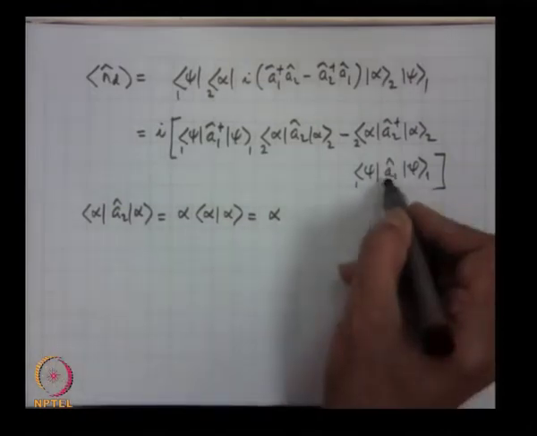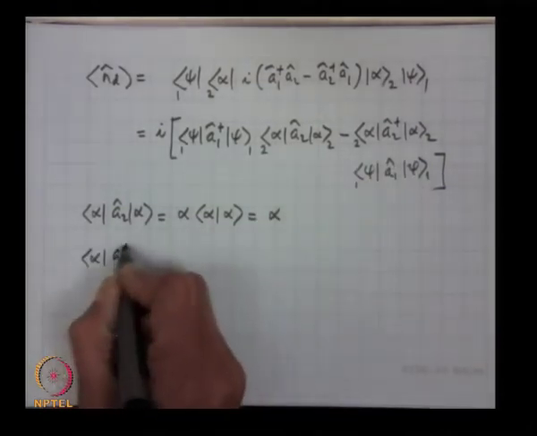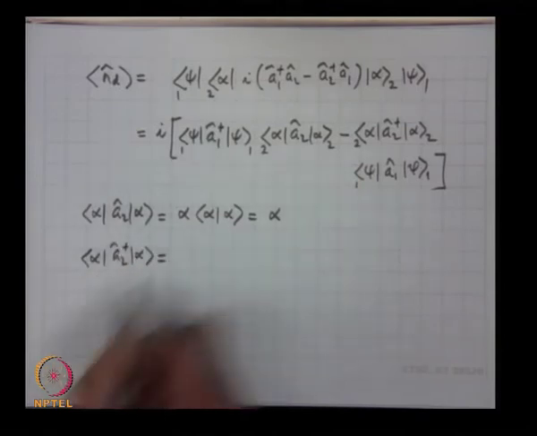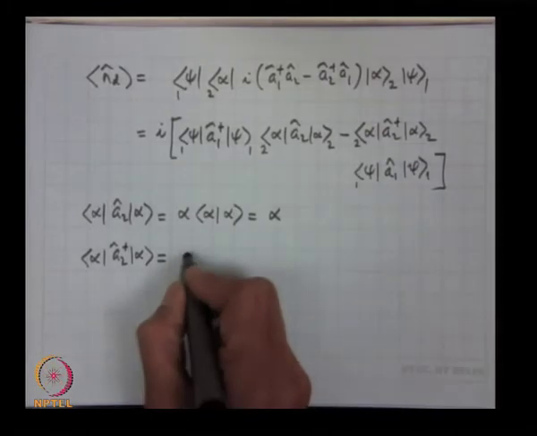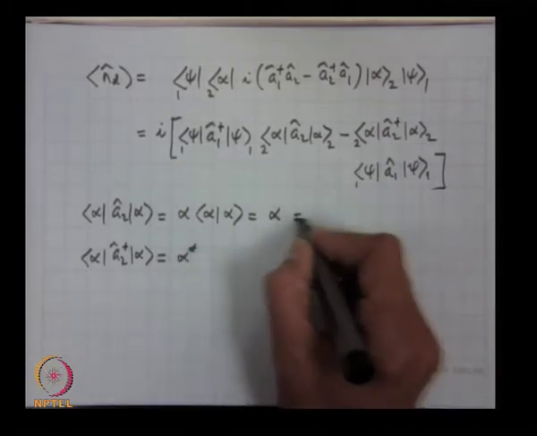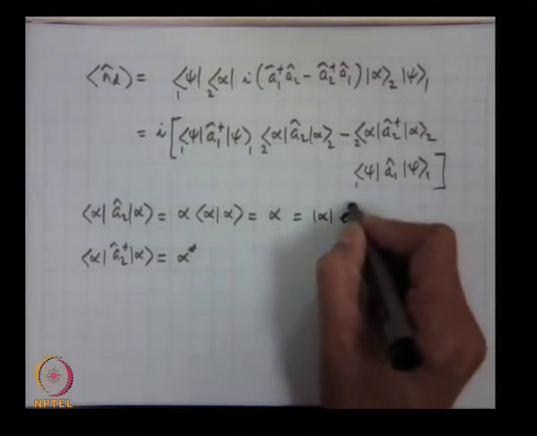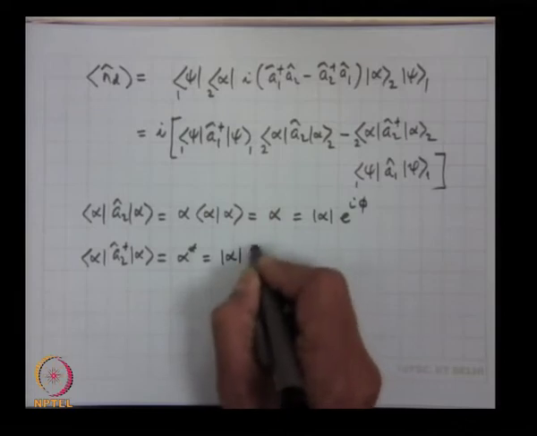Similarly, alpha A2 dagger alpha will be equal to alpha star. So I can write alpha as mod alpha exponential i phi, where phi is the phase, and alpha star is mod alpha exponential minus i phi.